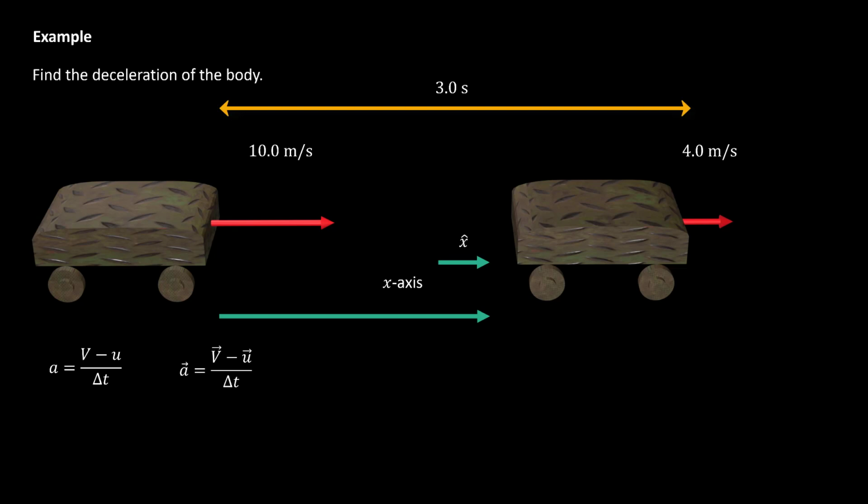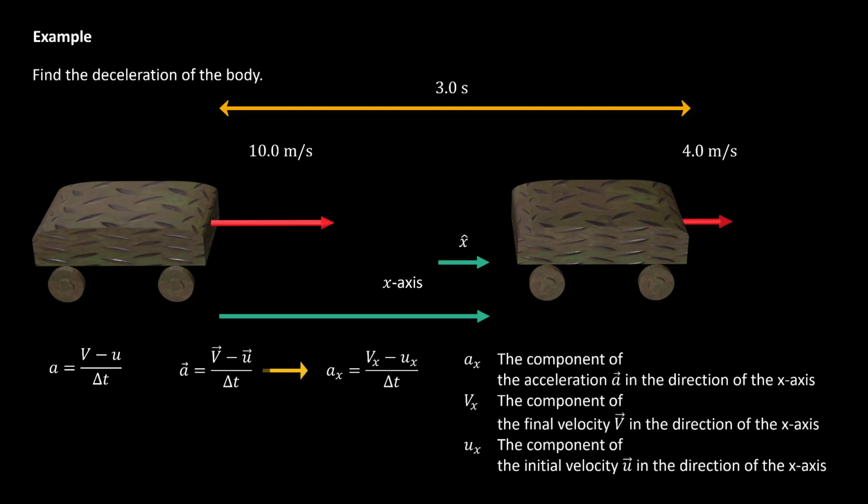Now we can write our equation as follows: a subscript x equals v subscript x minus u subscript x divided by delta t, where a_x is the component of the acceleration vector in the direction of the x-axis, v_x is the component of the final velocity vector in the direction of the x-axis, and u_x is the component of the initial velocity vector in the direction of the x-axis.